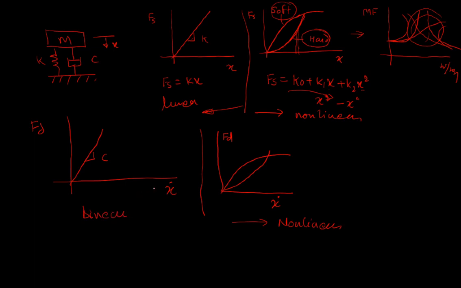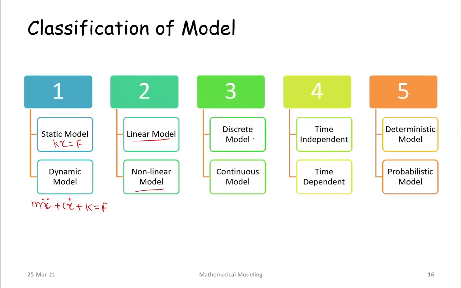So this is the way you can divide your model into two parts: linear model and non-linear model. Then discrete model and continuous model. Your discrete model is typically used in most electronic setups whenever you are collecting data from sensors.